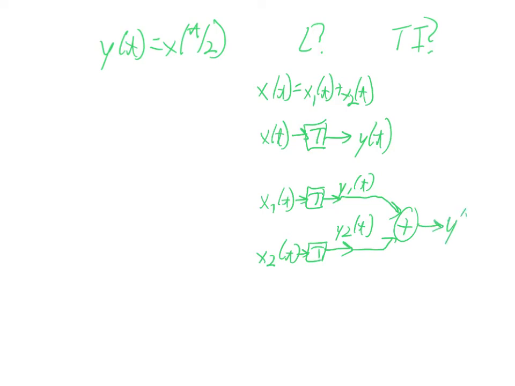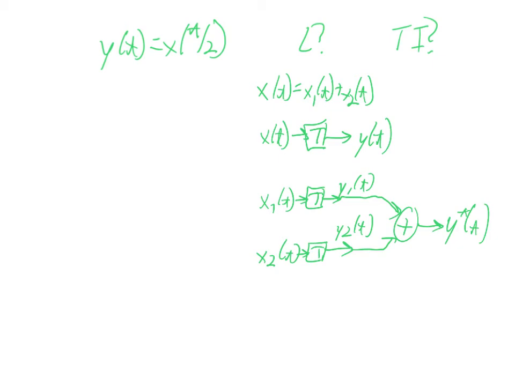For now, I'll just call it y star because we don't know that it's definitely the same. But if superposition applies, if I have a linear system, then the function y is equal to the function y star. So on this diagram, we can fill in the values of the signals.